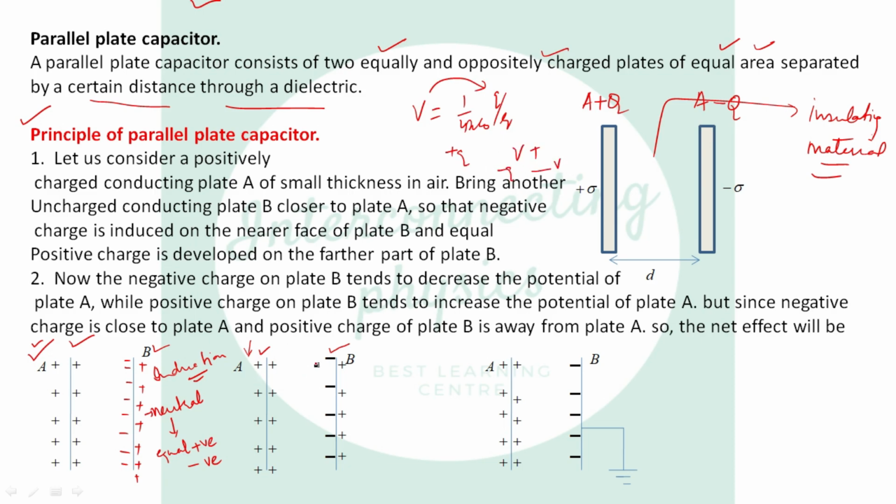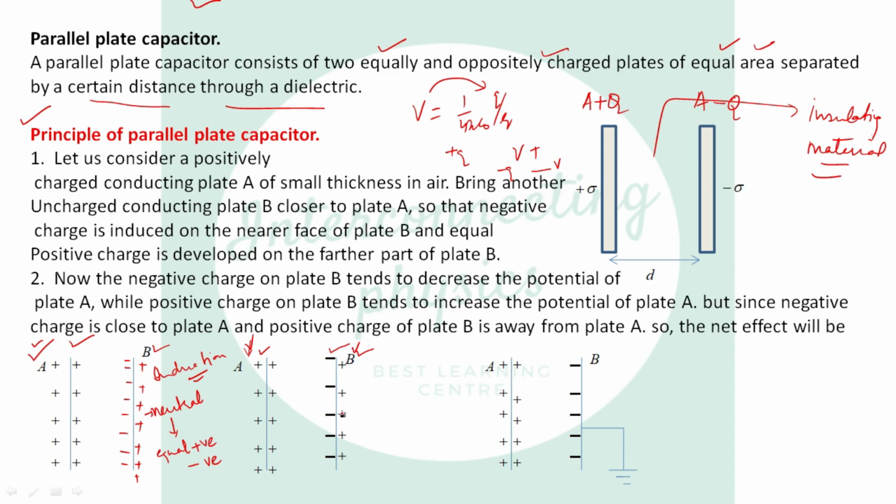Now this side of plate B is negative and plate A is positively charged. It means this negative side of plate B will try to decrease the potential of plate A, while the positive side on plate B tends to increase the potential of plate A, because this is positive, so the potential will be positive.